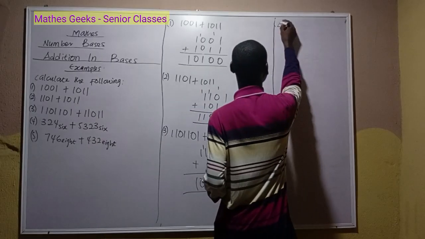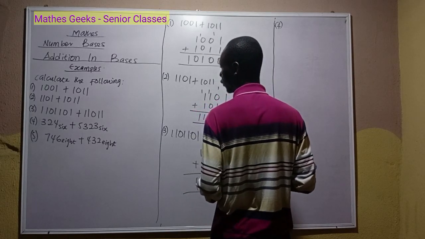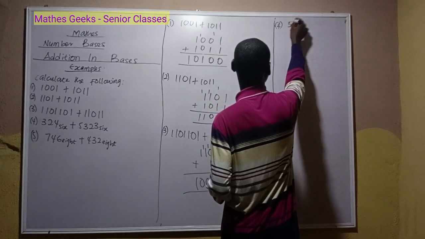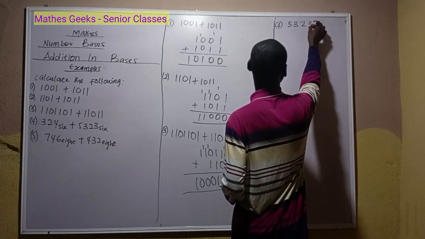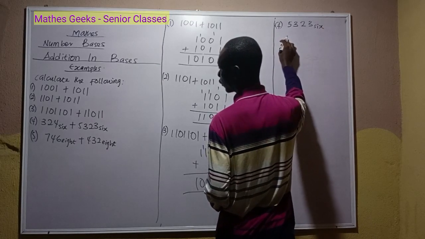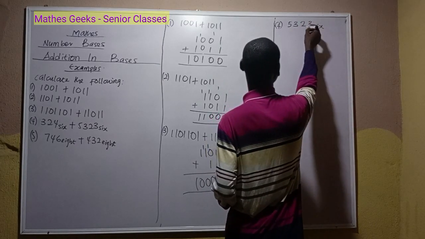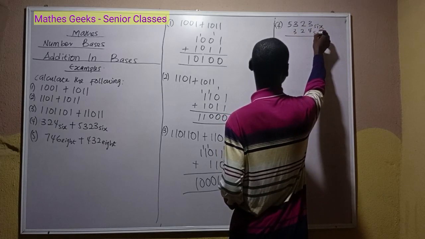And number 4. 3246 plus 53206. Let's start with the bigger number, 53206, and 3246.